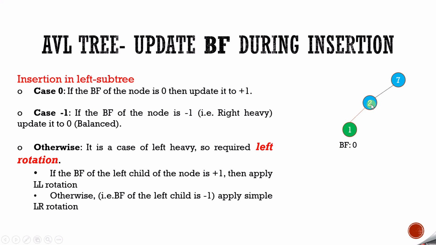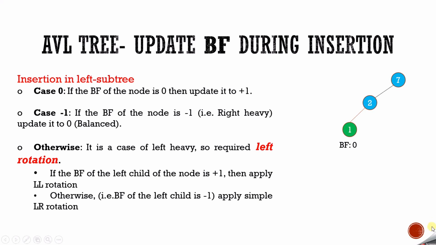If I go back, in that situation, the balancing factor of 2 is 0 here, and the balancing factor of 7 is +1 here. And if I add one more, naturally the new node's balancing factor is always going to remain 0, since we are always adding it as a leaf node.